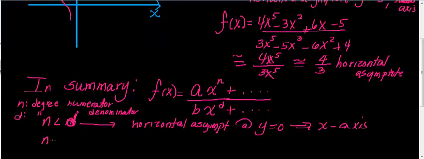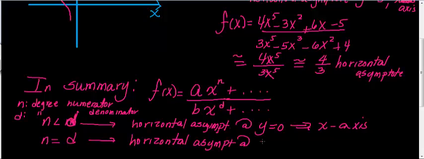Whenever n is equal to d, that means whenever the degree of the numerator is equal to the degree of the denominator, like we had here, the graph will approach the horizontal asymptote at a over b. A over b means the coefficient of the leading term, or the leading coefficient.